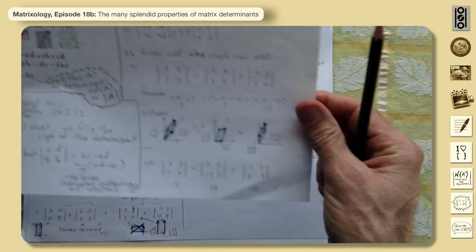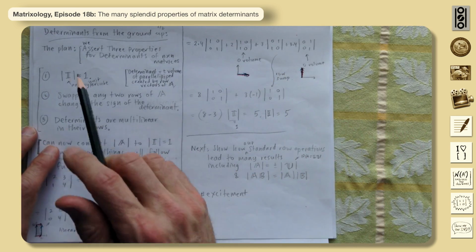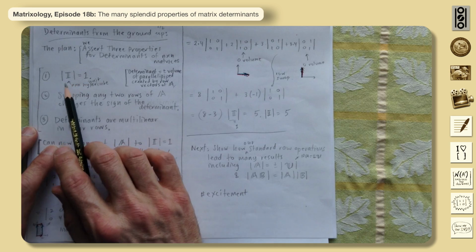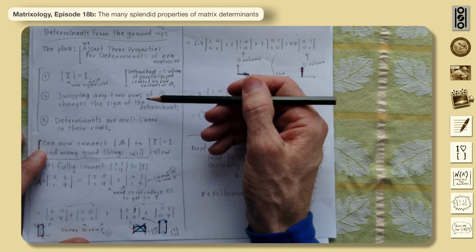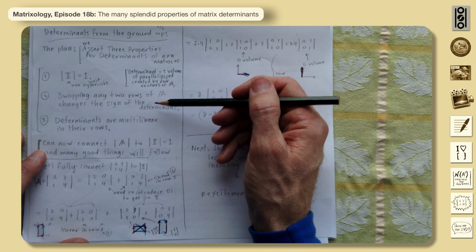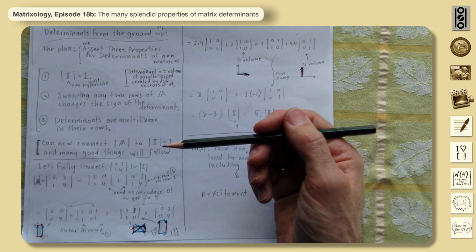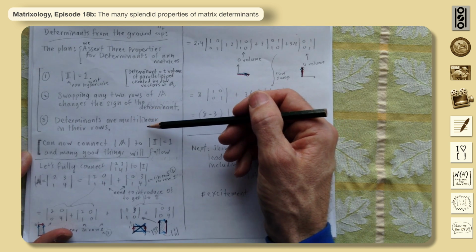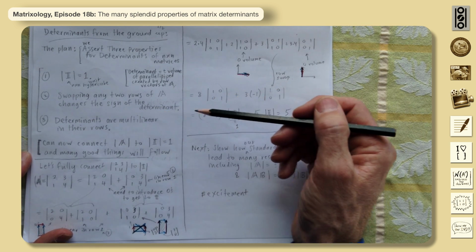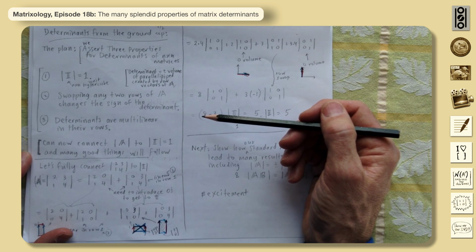And we came up with 3 rules: that the volume of the identity hypercube is 1. Fine. If we swap any 2 rows of A, then we just change the sign of the determinant. That's probably the most peculiar one. And determinants are multilinear in their rows. And this really follows from volume in a nice way.